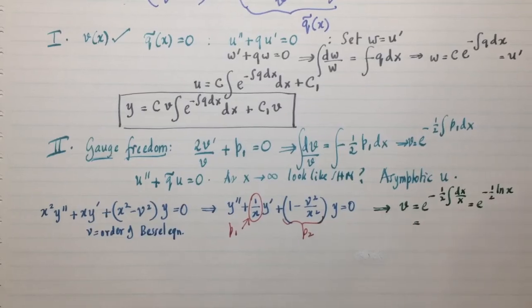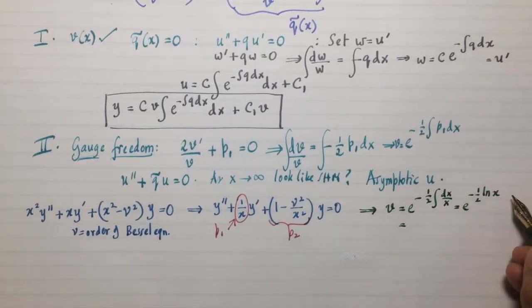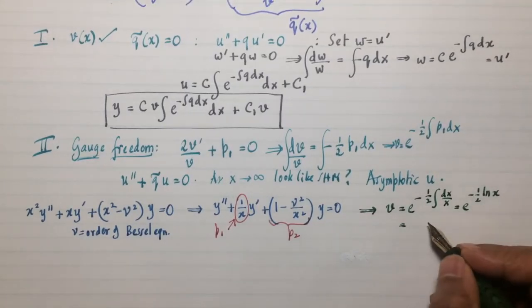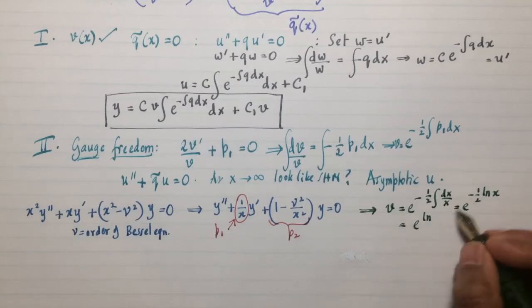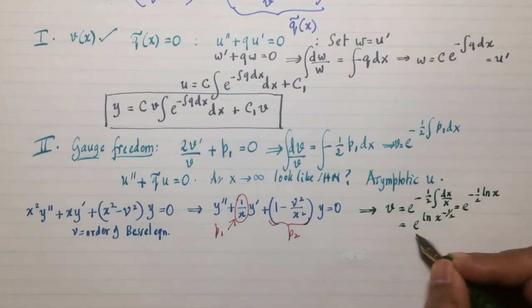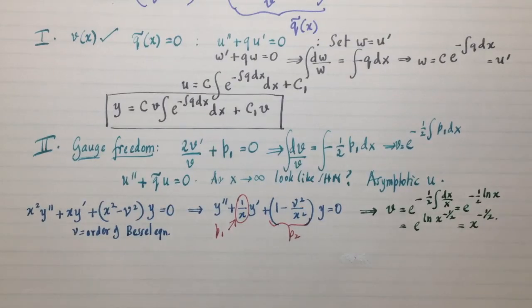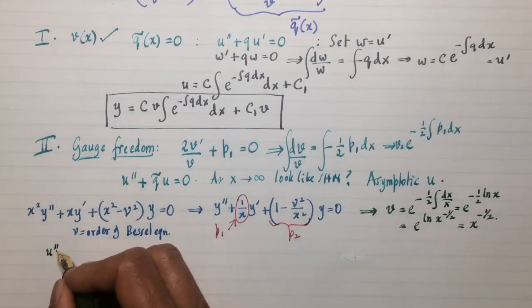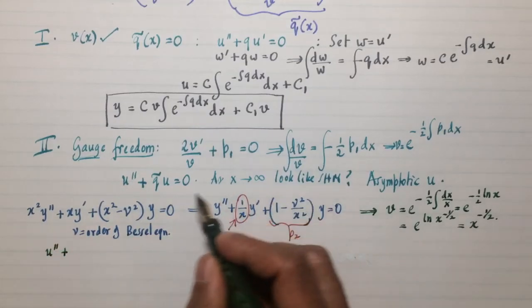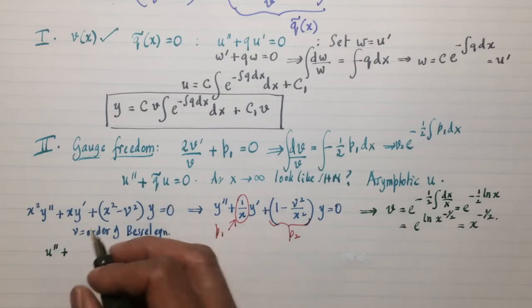However, negative 1/2 can go inside the natural log, and I get e to the natural log of x to the minus 1/2. Now e and natural log are natural enemies, so I get x to the minus half as your v function.